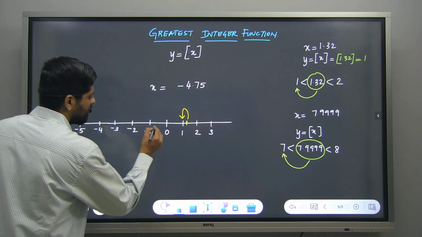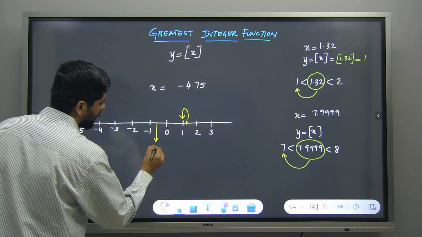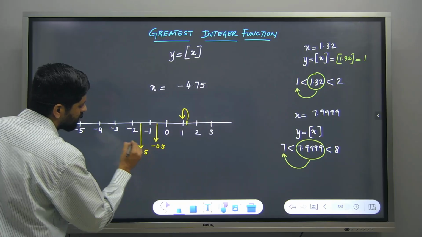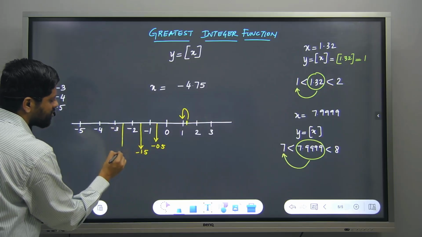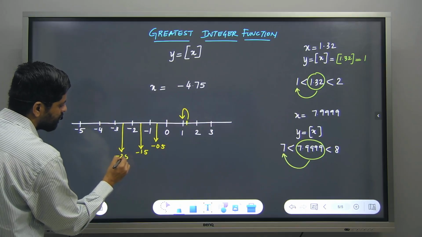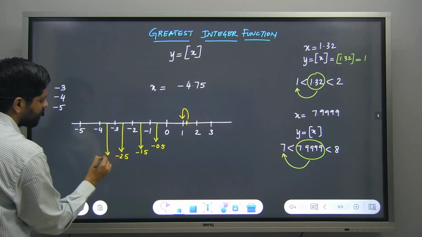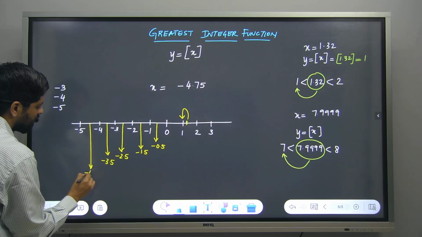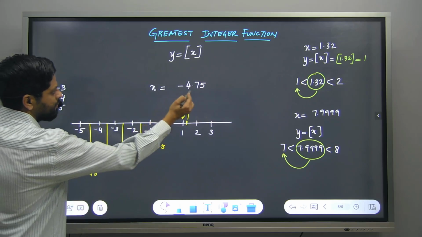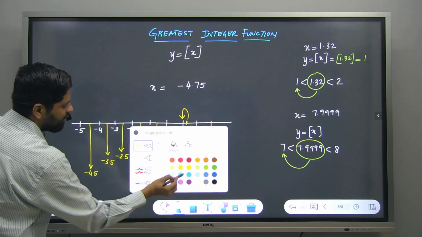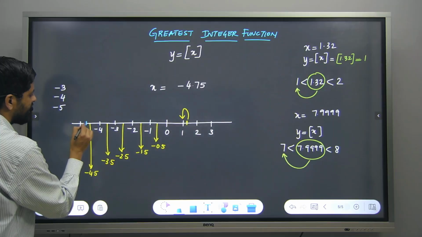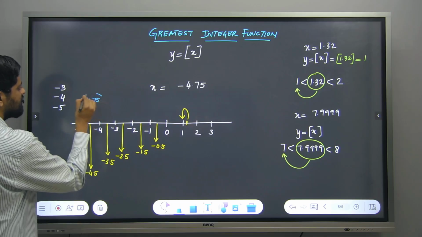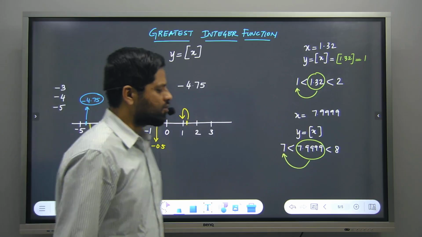For example, this is minus 0.5, this is minus 1.5, minus 2.5, minus 3.5, minus 4.5. Any confusion? So minus 4.75 will be somewhere here. Do you agree? Yes, sir. Minus 4.75 is here for me.